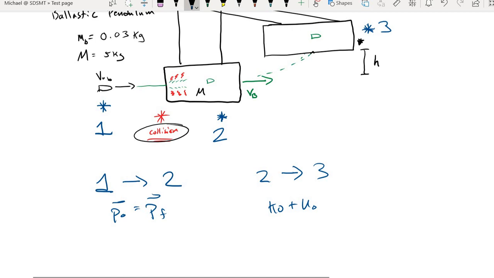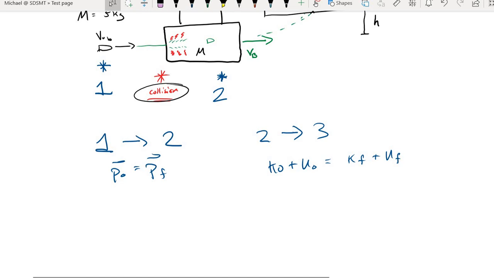And we already said that moving from point 2 to point 3, we're going to have a negligible loss of energy due to heat, so I'm not going to include a delta theta. The only place where we actually have heat generated is between points 1 and 2, but that's not being considered in the conservation of momentum expression.